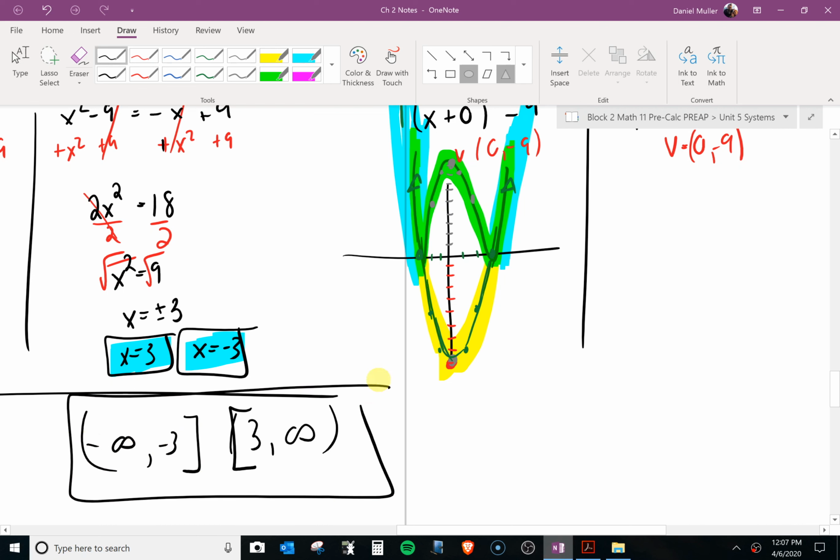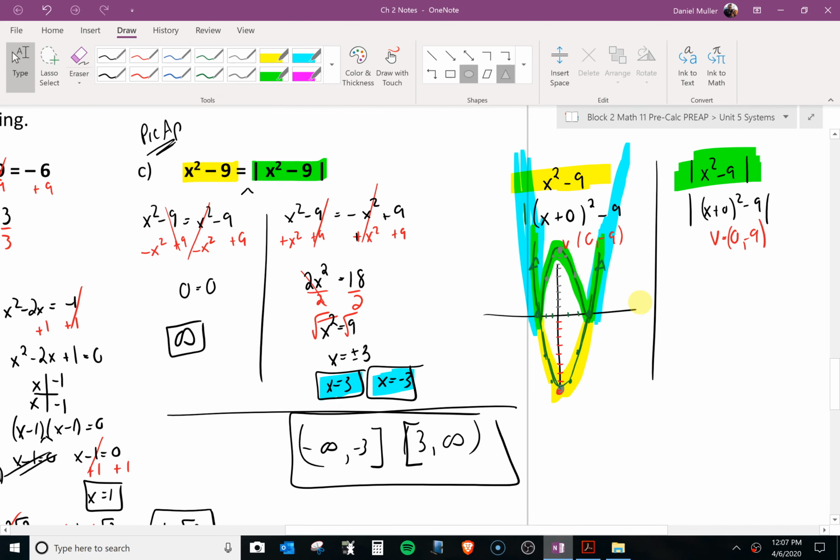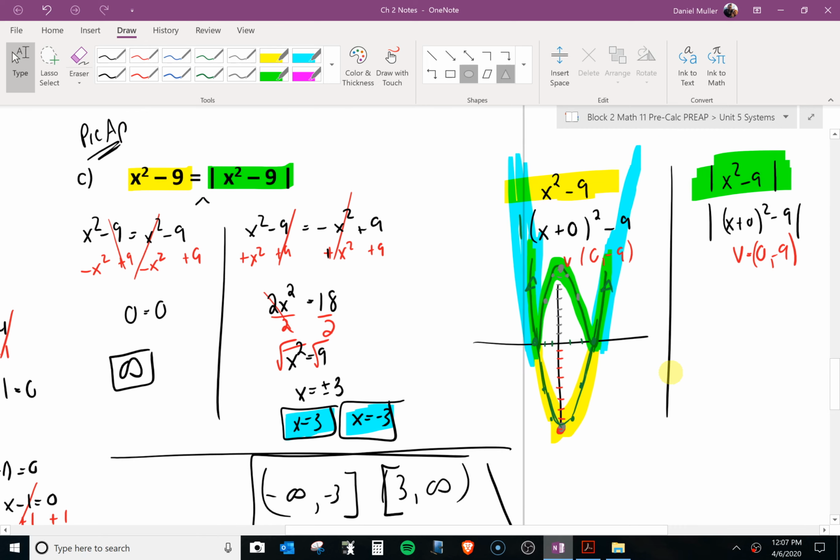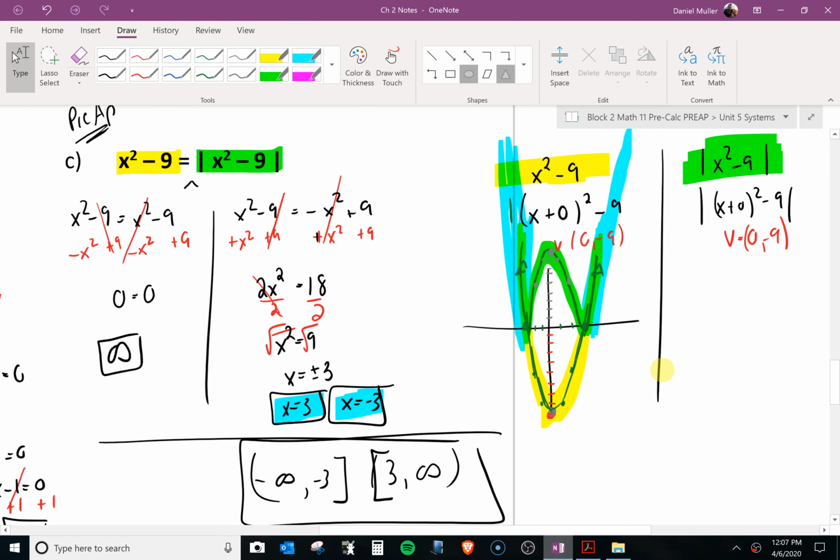And so those are our answers, which, I understand, is completely weird. You just need to do some practice questions. I think I have some practice questions inside of the assignments. But the idea is you want to graph the left, graph the right, and see where they overlap.